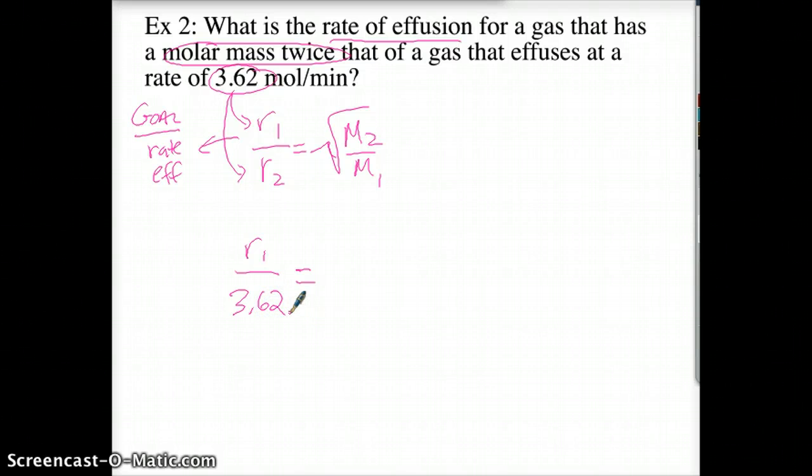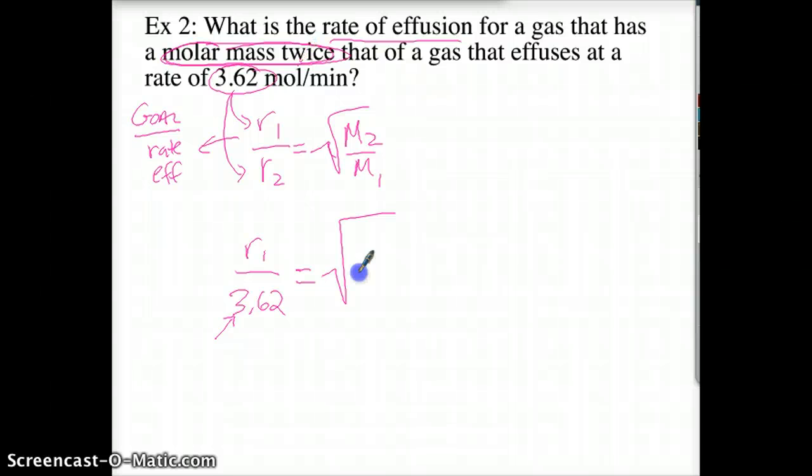Okay? So now we got to plug in some molar masses. Well, we're not given any explicit numbers, but we just know that the molar mass is twice that of the other one. So the gas that effuses at a rate of 3.62, its molar mass is half that of the gas that we're solving for.